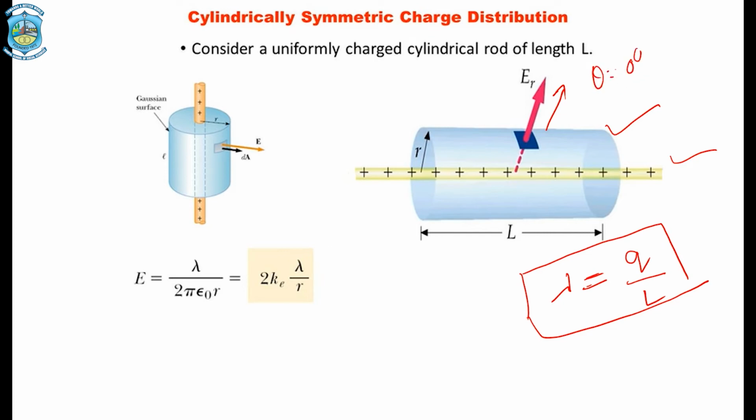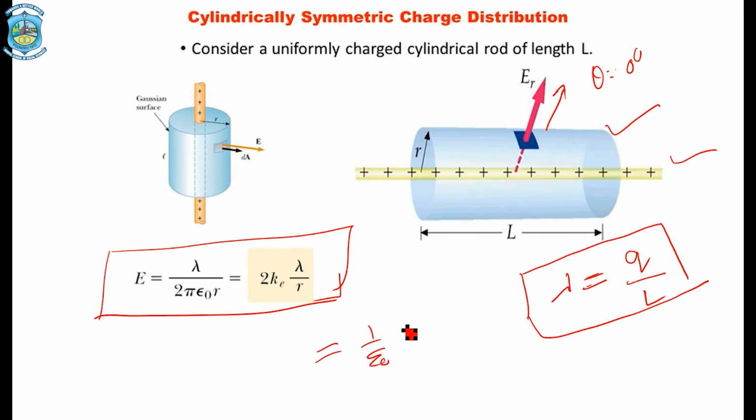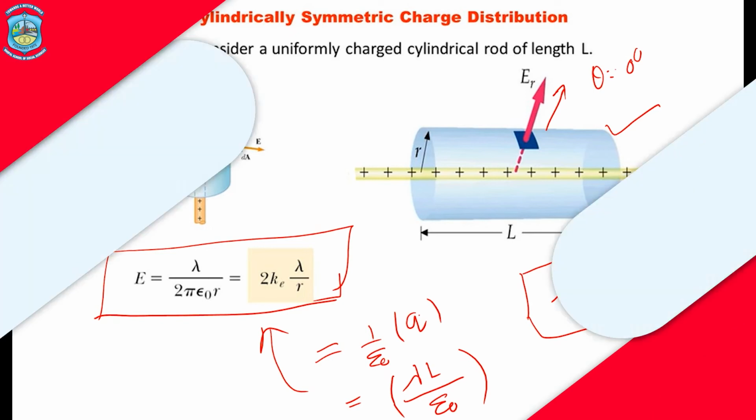Then again, by applying Gauss's law, the surface integral of the electric field equals 1 upon epsilon naught times the charge enclosed, and the charge over here will be lambda times L upon epsilon naught. Then on the left hand side, we can integrate the electric field with respect to the surface area of that Gaussian surface, and we will have this expression of the electric field.